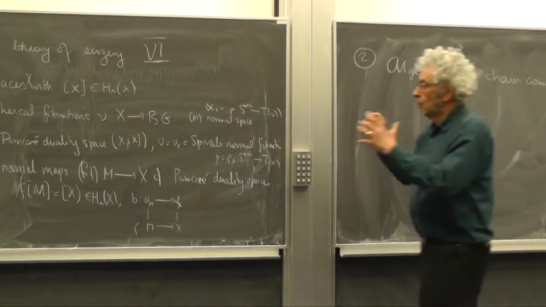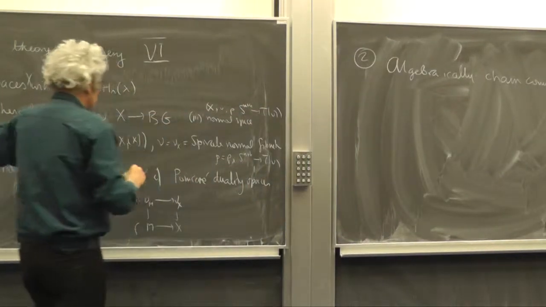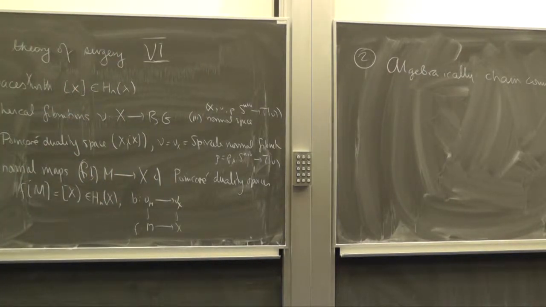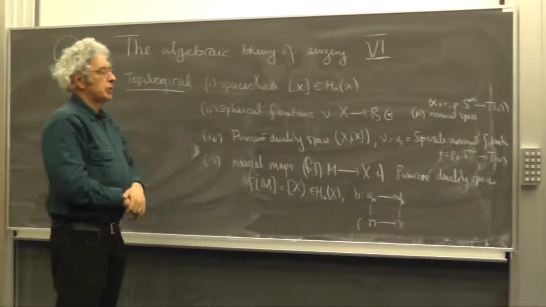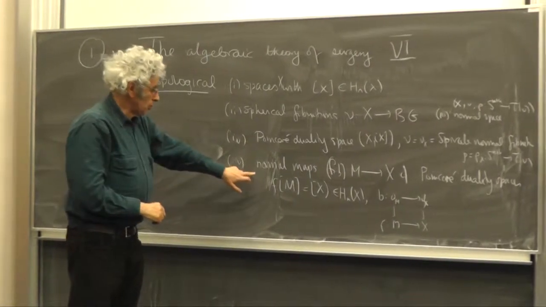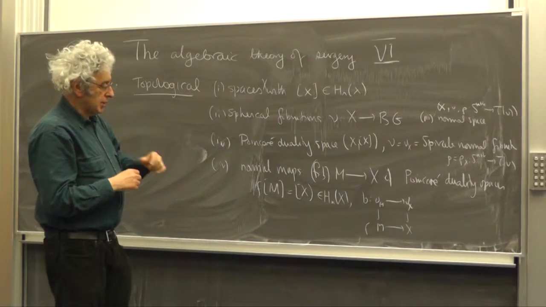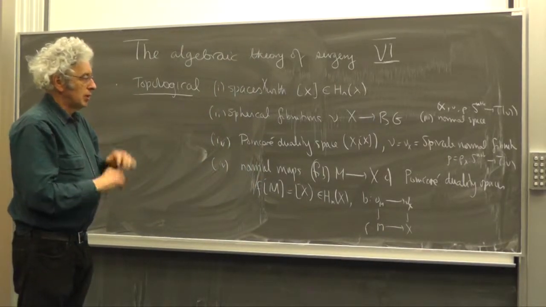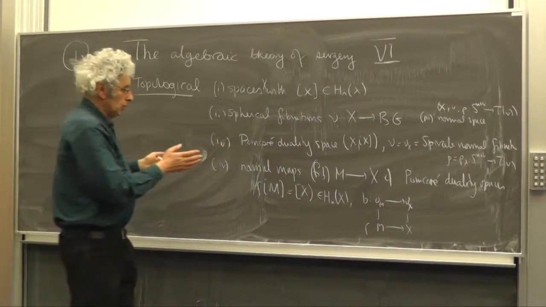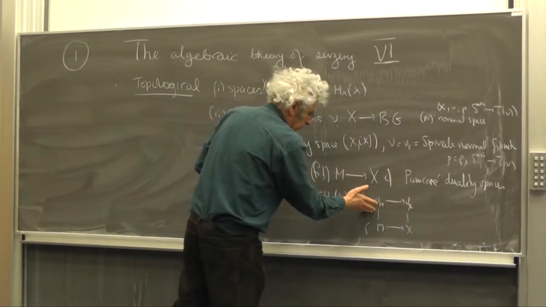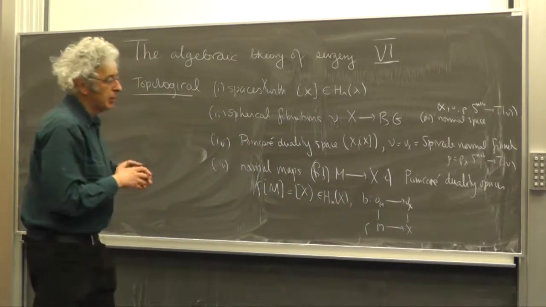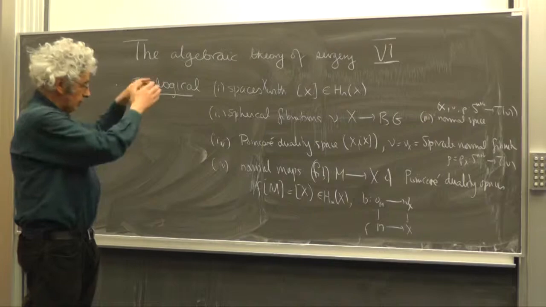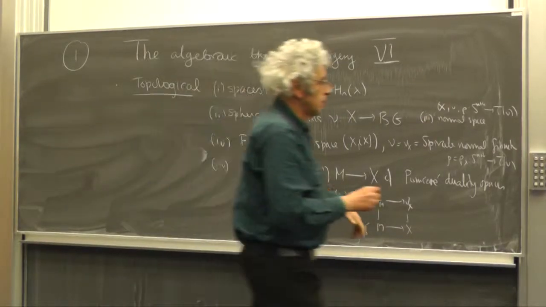And it will always be the case that for each of these 5 types of things, there will be an algebraic image. And the most important one of these is 5, because that's where you have something which determines the surgery structure. But to understand how to pass from this normal map to a chain complex structure, you have to go through the first part.